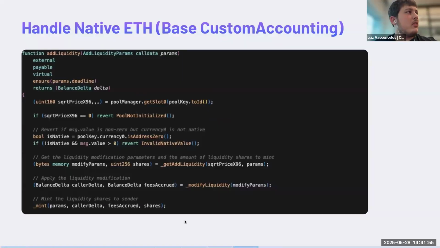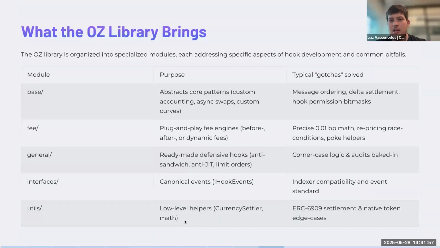Okay, yeah, and now that I already mentioned these designs and how to think about everything, I'm going to talk about what we are bringing at OZ, which modules you have, and how you are able to inherit from them and use them in the hooks you're building.